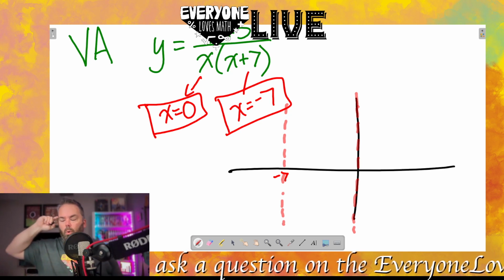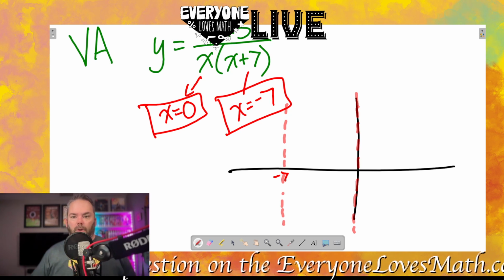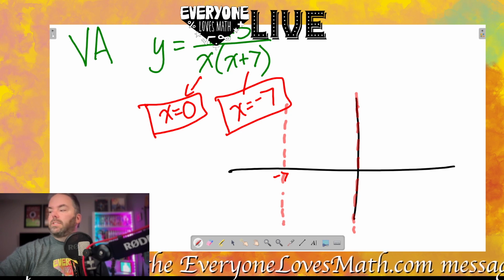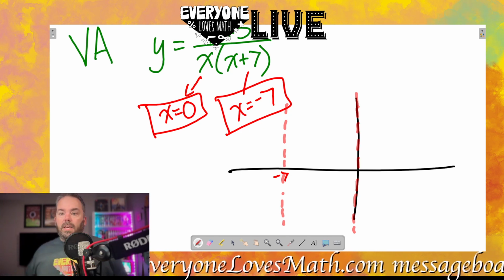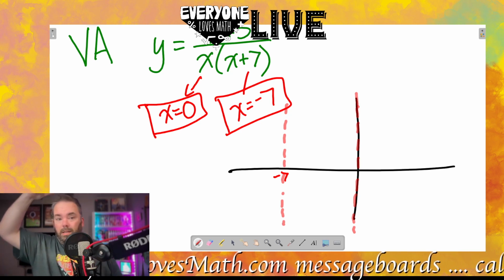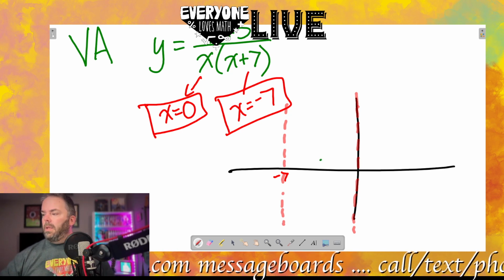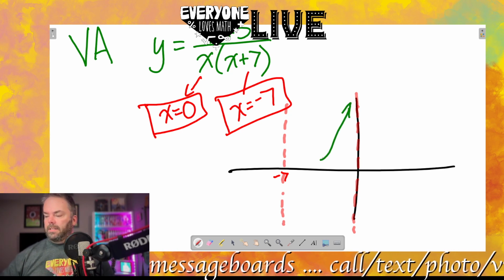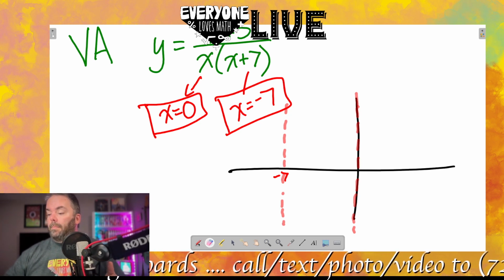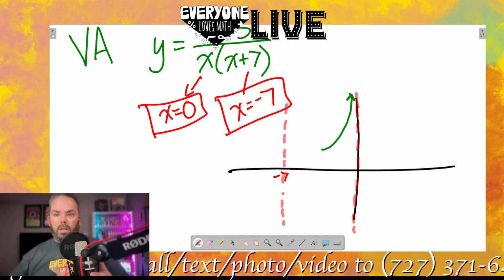All right. So let's pick 0 first. Let's zoom in around the 0 part of this graph. Because there is a vertical asymptote at 0, there's only a couple of things that this graph could do. To the left of 0, this thing could approach like that.